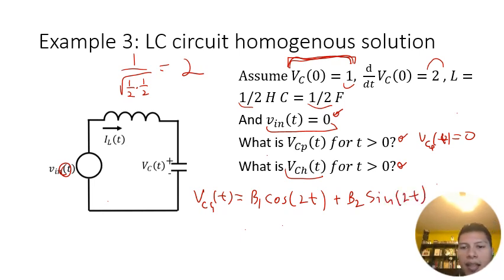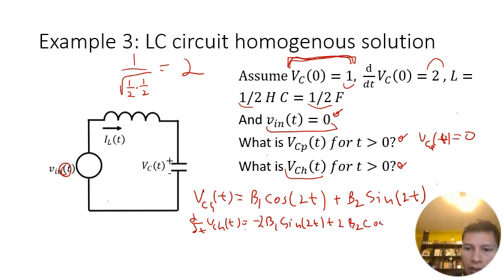and then the derivative of this, d dt of vch of t, is equal to negative b1 sine 2t plus, and there should be a 2 in front, 2 b2 cosine 2t.